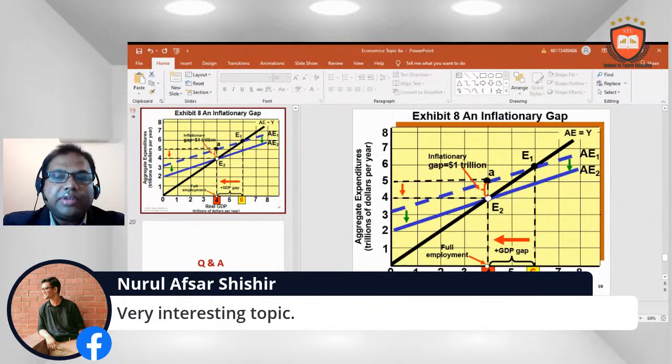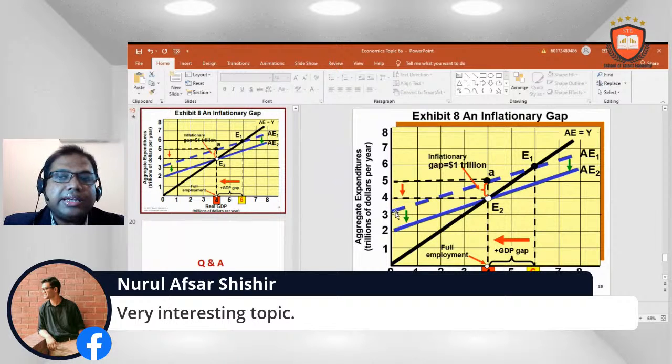So this is the real GDP. If we find out the inflationary gap, and this is the aggregate expenditures, everything will be converted into trillions of dollars. From zero, this is the AE. From 2 it will be AE2.